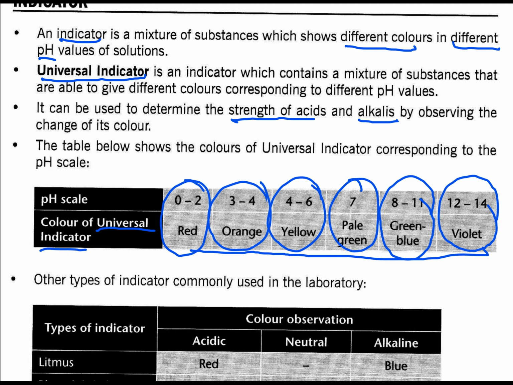The universal indicator can tell the strength of the acid because if it's red, it's a strong acid, and if it's 4 to 6, it's a weak acid. Similarly, a color of violet shows it is a strong alkali or strong base. A color of blue shows it is possibly a weak alkali.